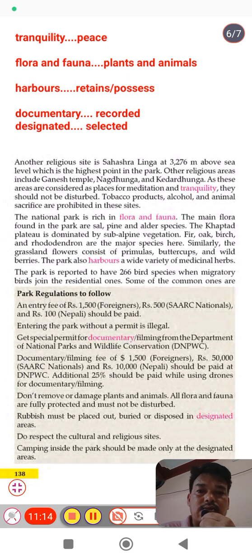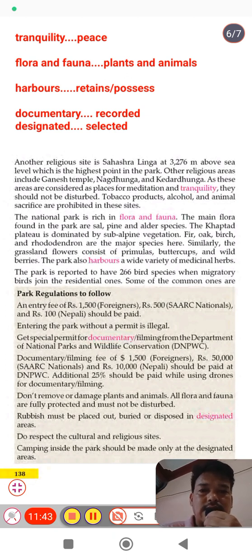They should not be disturbed. There shouldn't be any kind of interruption from visitors and people. Tobacco products, alcohol, and animal sacrifice are prohibited at this site. Alcoholic products, tobacco, cigarettes, gutka, all these products are not allowed inside the park.